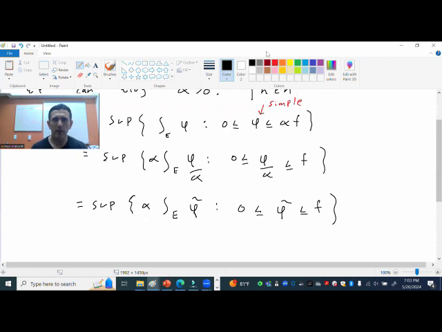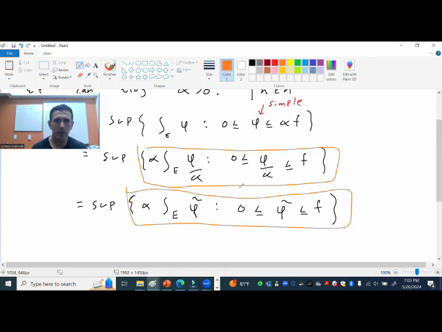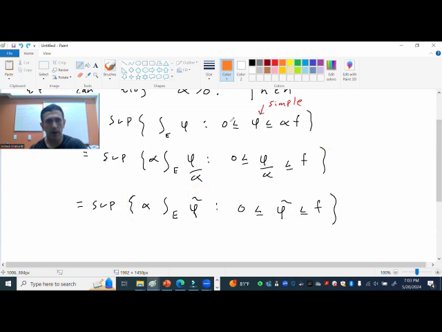Okay. So what I'm saying is these two sets that I'm putting in a rectangle are equal. Well, now I can pull out this constant here, and that finishes the proof.